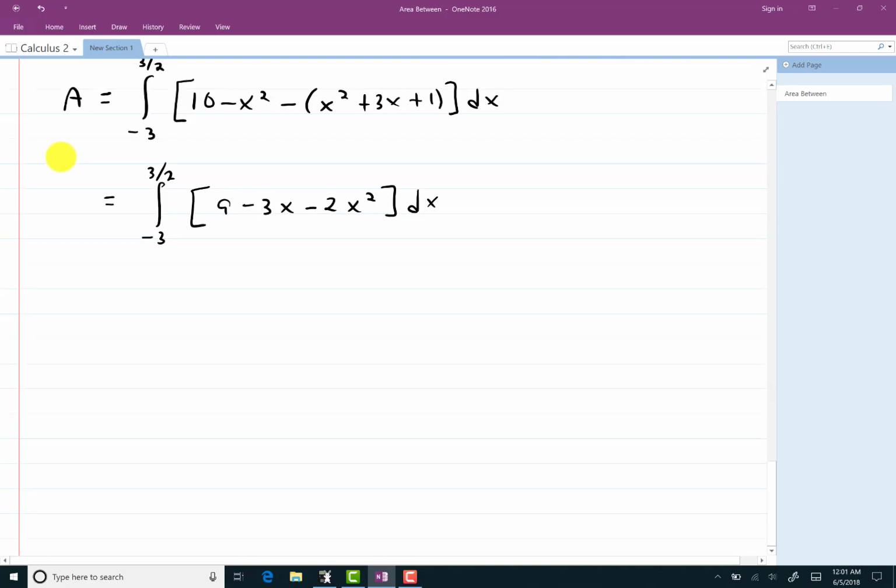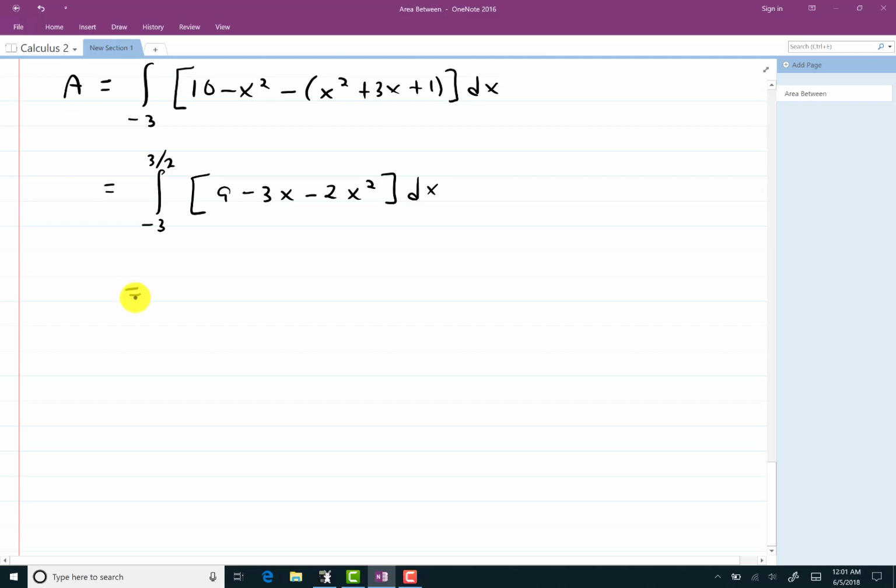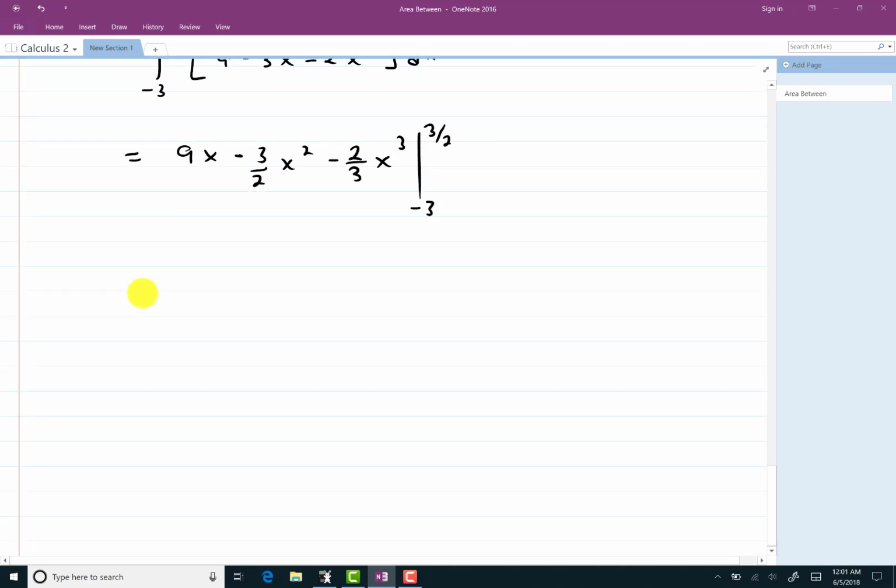And then the rest of this is a particularly simple integral to do. 9x minus 3/2 x squared minus 2/3 x cubed from -3 to 3/2. And then plug these numbers in.